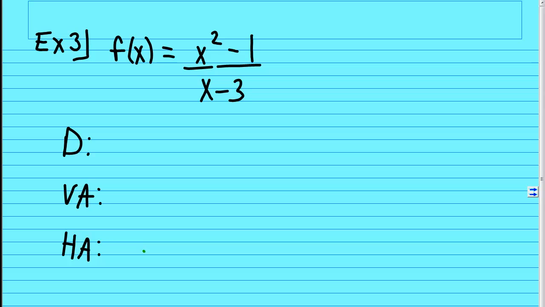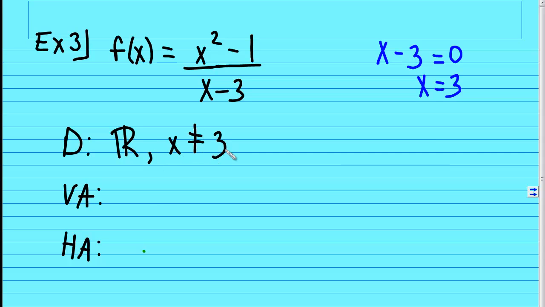Example 3. To find the domain, we set the denominator equal to 0 and solve. So x is equal to 3. The domain is all real numbers, but x is not equal to 3. The vertical asymptote is x equals 3.